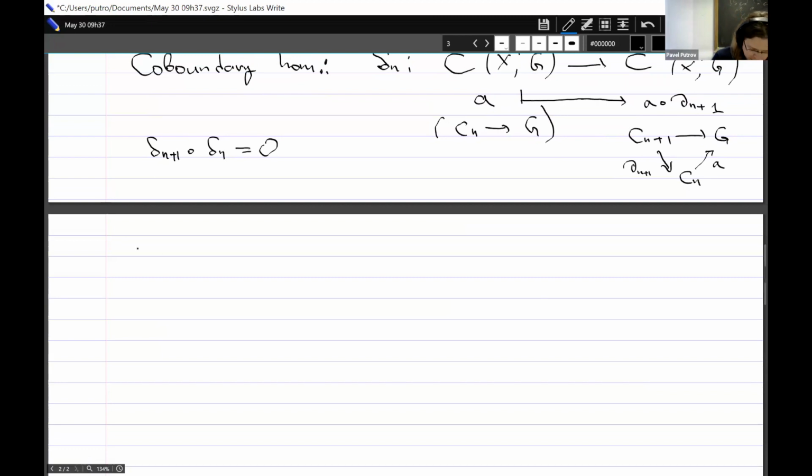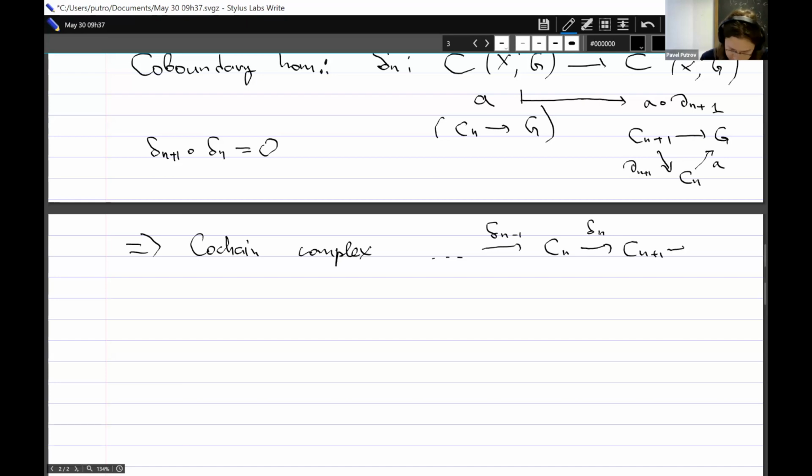And so this gives us a cochain complex, which is again a sequence of abelian groups and maps between them, such that the composition of two subsequent maps is trivial.